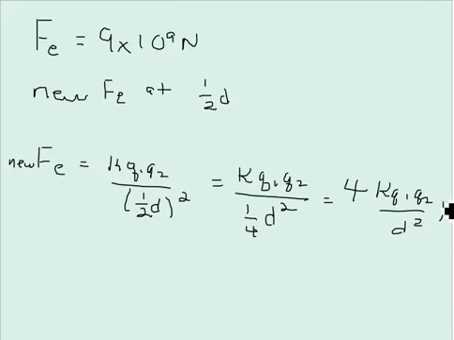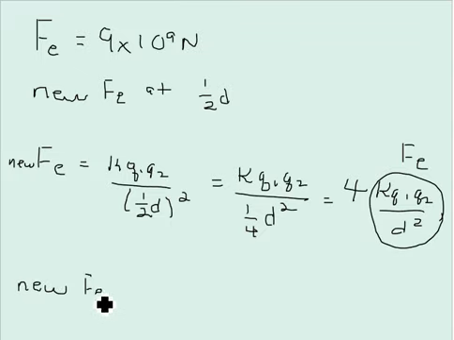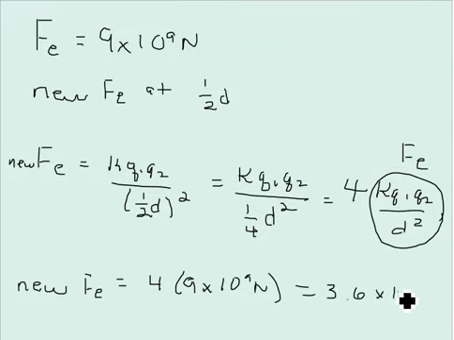And you might remember that this is our original FE when we were at 1 meter away. So as a result, our new FE, we also could have just simply figured out this way and said it's 4 times 9 times 10 to the 9th newtons, which would have given us our 3.6 times 10 to the 10th newtons, which is exactly what we got when we did it directly.